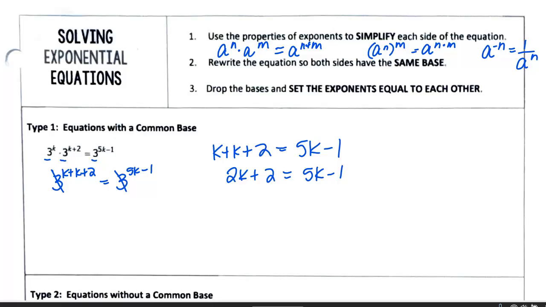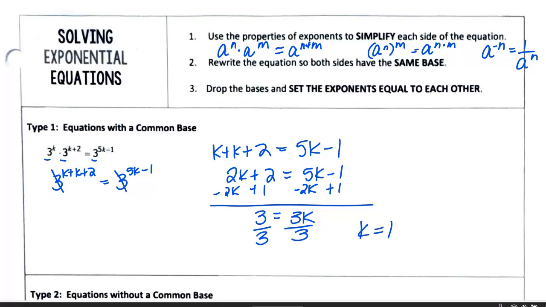Let's go ahead and subtract 2k and add 1. We get 3 equals 3k, divide by 3, and we get k equals 1.